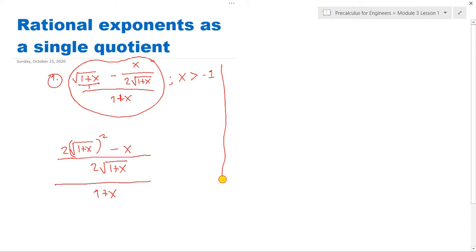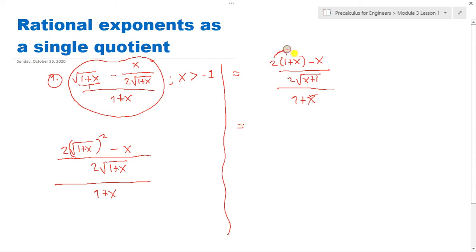Next, what follows? Just simplify. Since the exponent and the index are the same, this becomes just 1 plus x. So, the numerator would be 2 times 1 plus x minus x all over 2 square root of x plus 1, all over 1 plus x. So, let's simplify further.